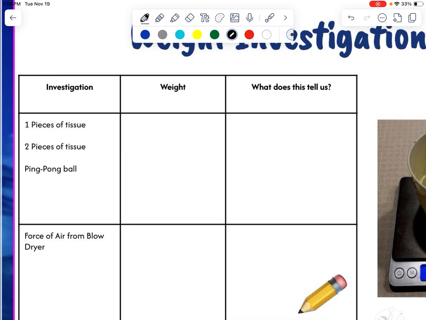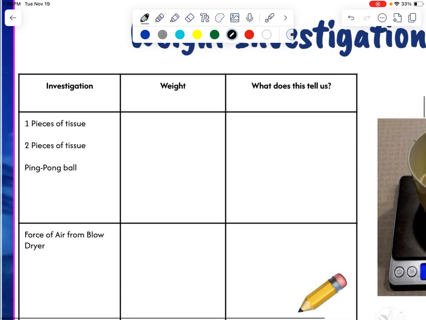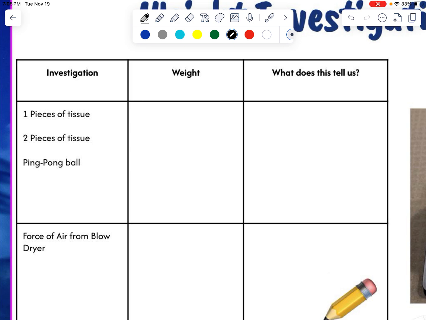So we've got the weight of a piece of tissue. One little piece of tissue on my scale right now weighs 0.025 ounces. This tells us that a piece of tissue is extremely light, less than 1 ounce.